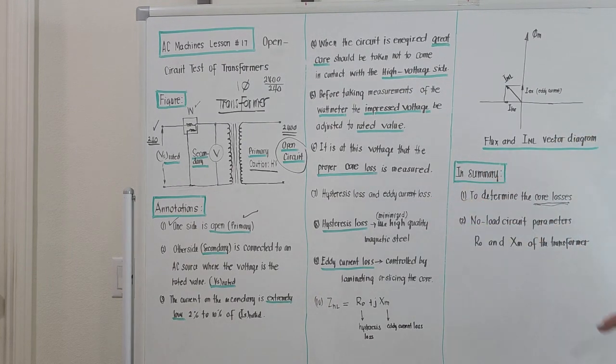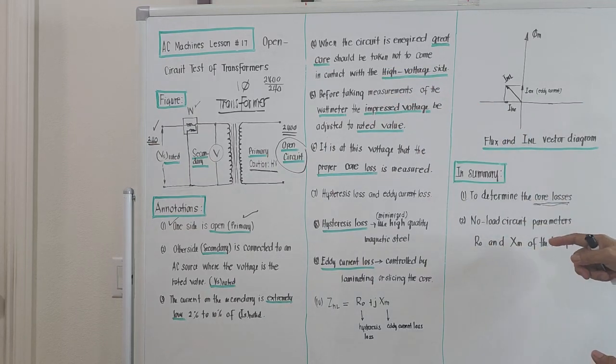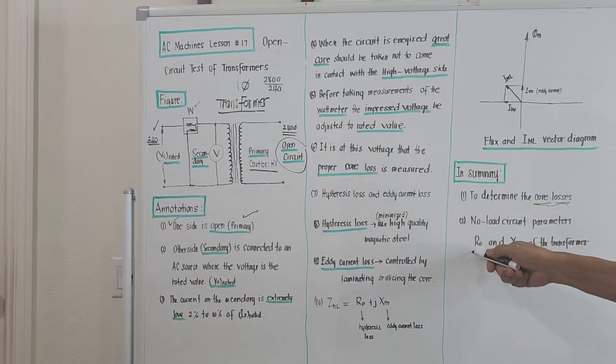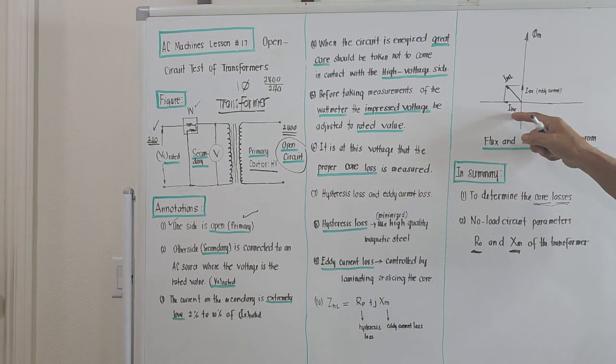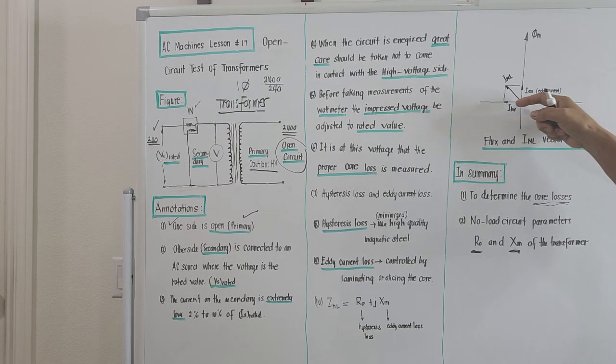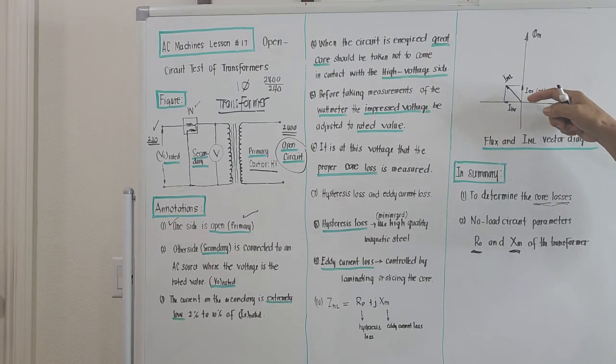That's the only thing it could measure, plus the other one that could be measured by the no load test, which is the no load circuit parameters designated by RO. There should be resistance and reactance. This RO here is the current due to the hysteresis. It's a real part, right? And this XM here is the current due to the eddy current.